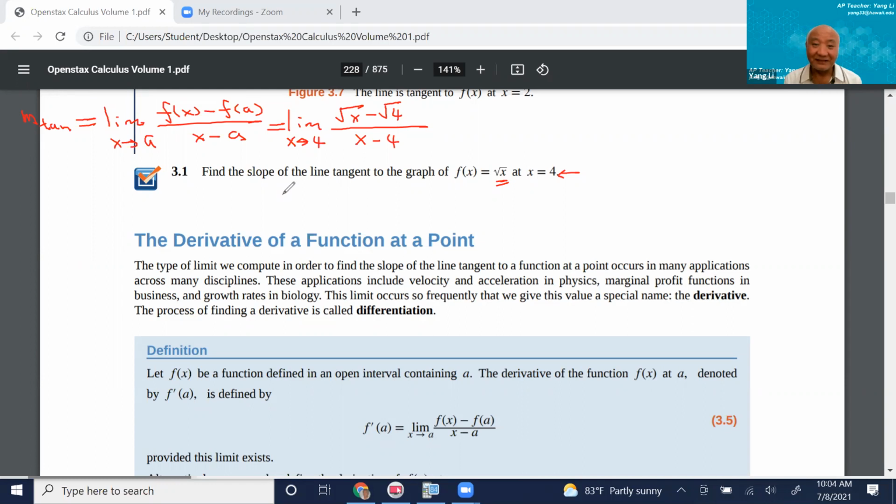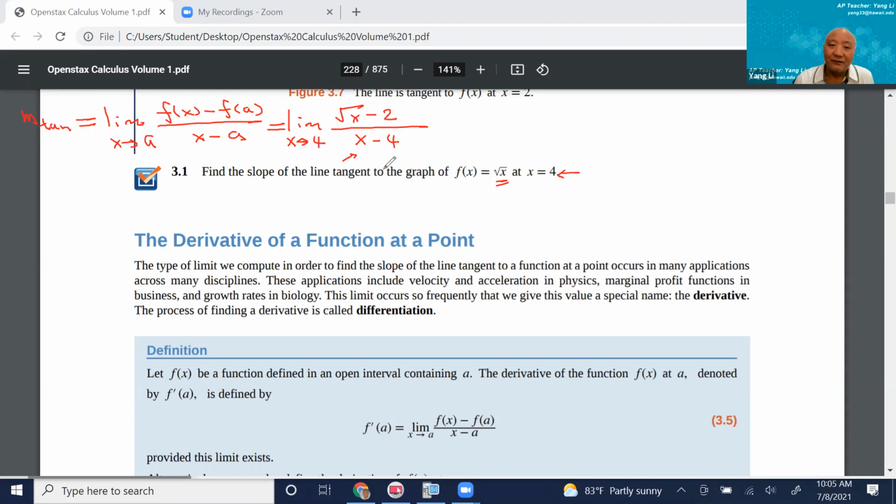Now, the thing is that if you directly put 4 in, that's the problem. Because 4 minus 4 is 0, and square root 4 minus square root 4 is 0. That's 0 over 0. That's not good. So what we're going to do is this. We can simplify square root 4, change to 2. No problem with that, right? That's just simplifying. But still cannot do it yet.